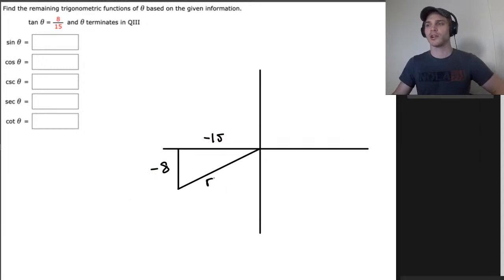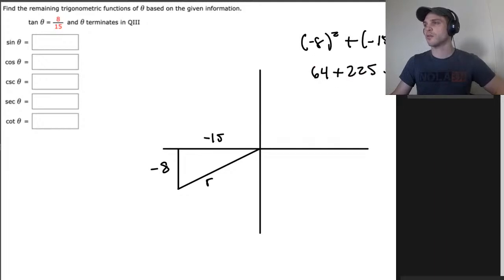Then we can figure out the hypotenuse r using the Pythagorean Theorem. So negative 8 squared plus negative 15 squared equals r squared. And so what is this? This is going to be 64 plus 225 equals r squared. So r squared equals 289.